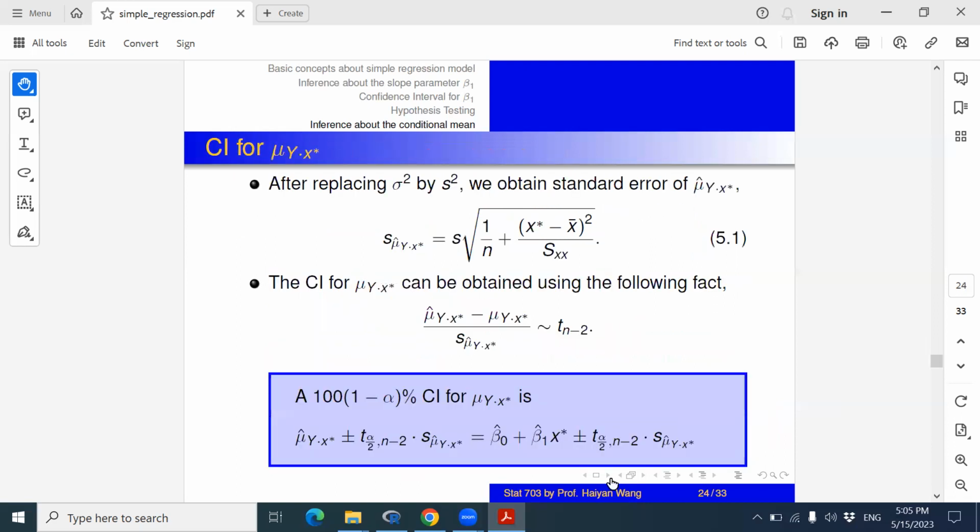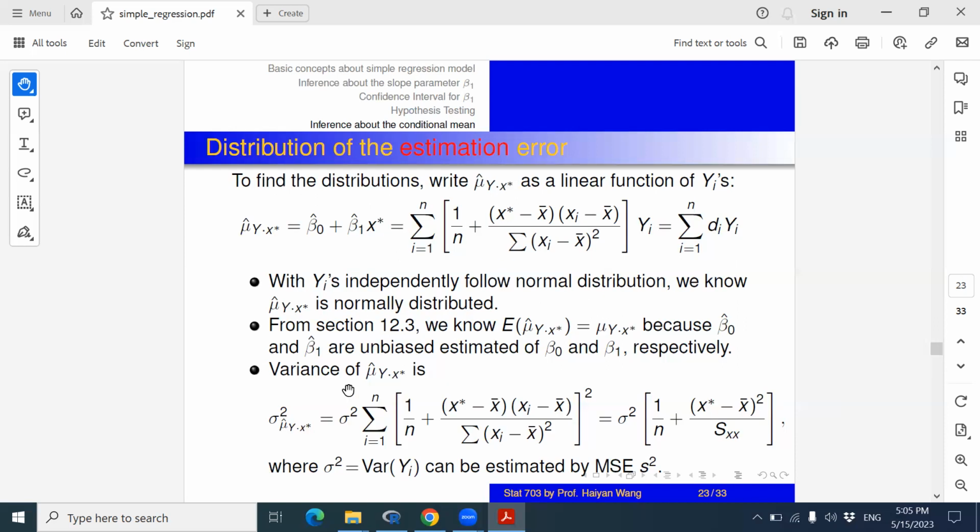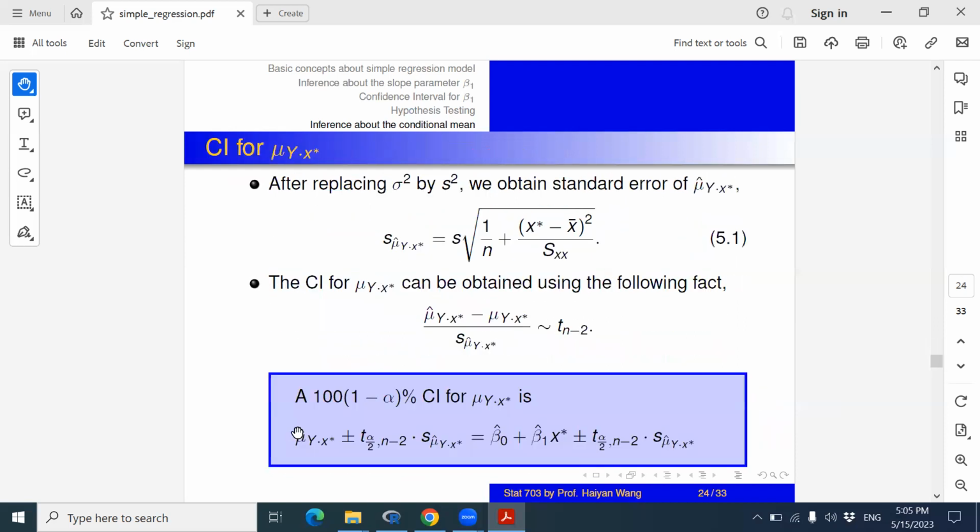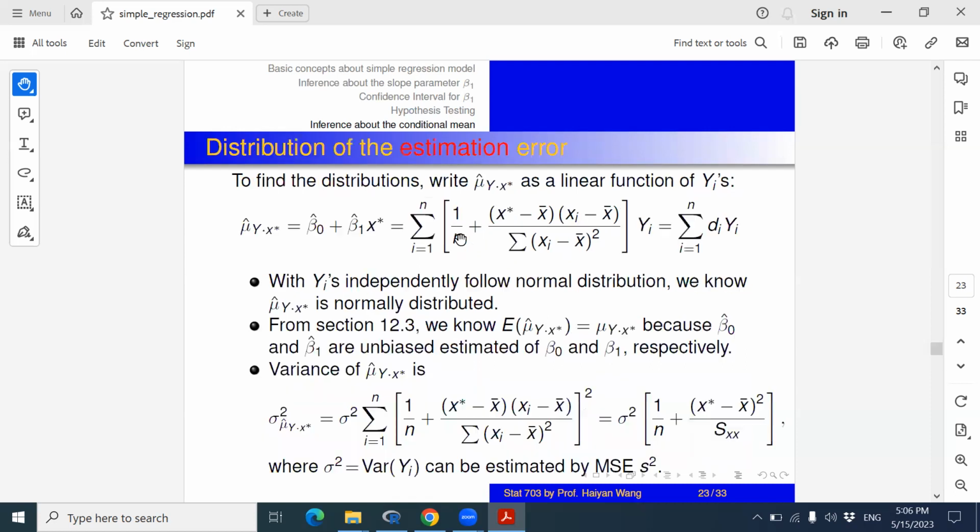That explains why, if you can manage to use a bigger sample size in your regression analysis, it is to your advantage. Once we have the standard deviation of the mu hat, we are ready to consider the confidence interval for mu. We use mu hat minus mu, divided by the standard error. For the standard error, we already know the sigma squared with this term, from the previous slide.